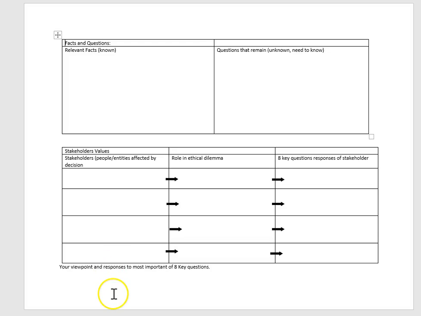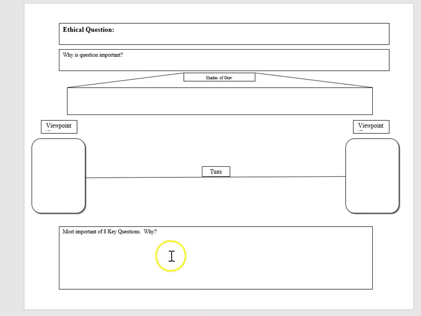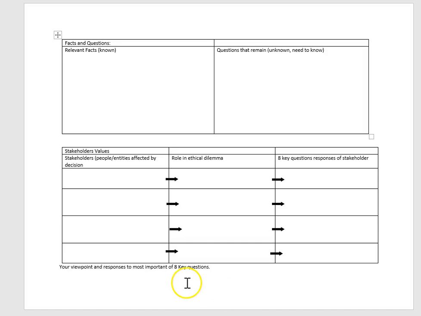Now there's another space on here for your viewpoint and responses to the most important 8 key questions. So you've got facts here, you've got stakeholders. To be honest, you could probably write these questions here and then come back to the second page and do this. But sometimes by going through all of this, it may give you a better indication of what your answers in viewpoints and responses are to the key questions that you think are most important.